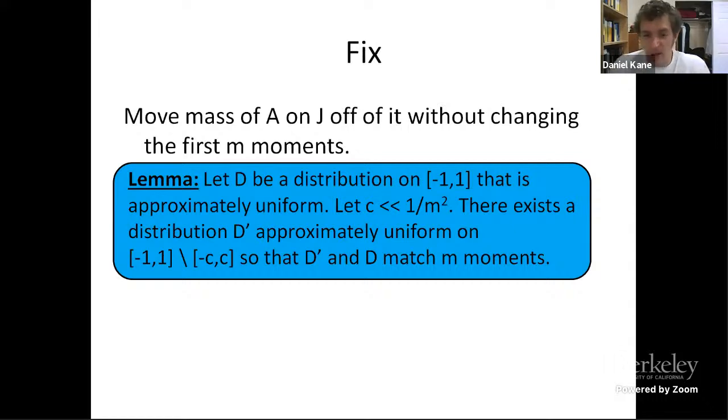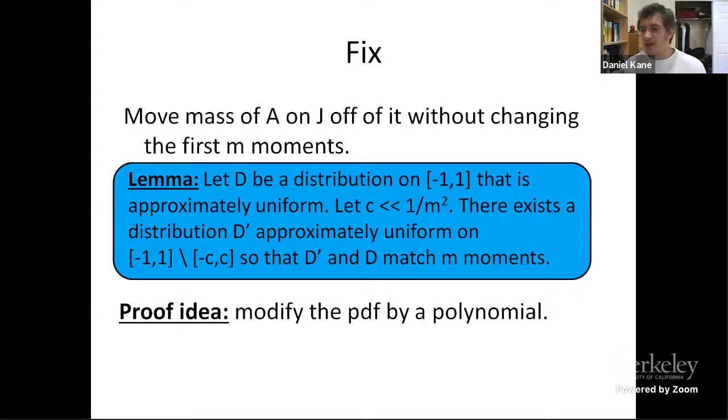And the lemma here is that if you have a distribution D on some interval, and you have a sufficiently small subinterval in the middle of it, there's a new distribution that's supported on the original interval minus the subinterval that matches M moments with the original distribution. And the proof is not terribly complicated.